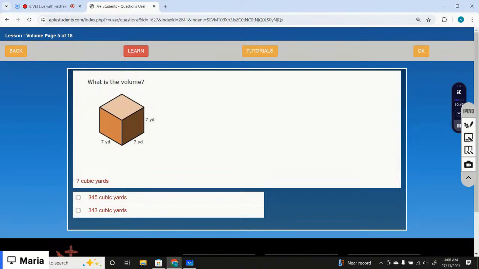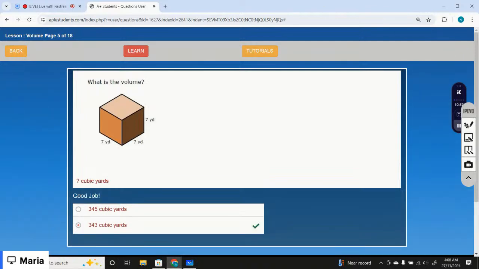That is 7 times 7 is 49 and 49 times 7 is 343 cubic yards. Option number 2 is the correct option.